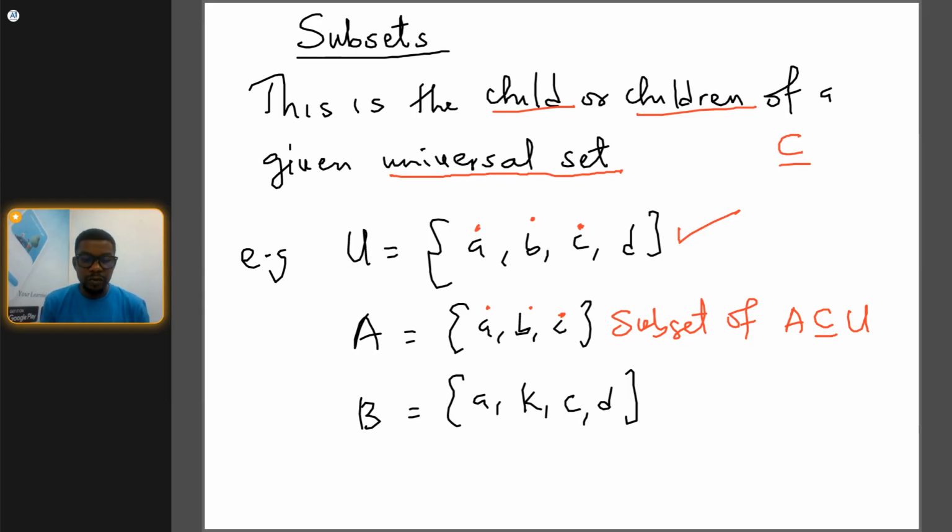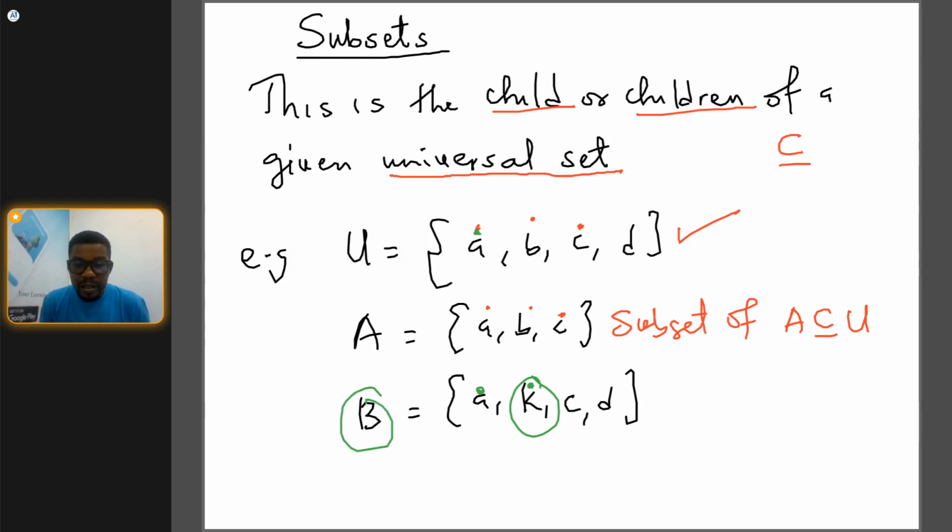But let's consider the second one. We have A here. We also have A here. We have K here. Do you have K in the universal set? No, we don't have K in the universal set. Which implies that already this K has violated the definition of subset. A subset is a set that emerged from the mother set, which is the universal set. So this K has already violated the rule.